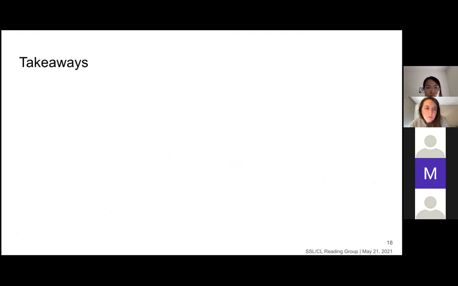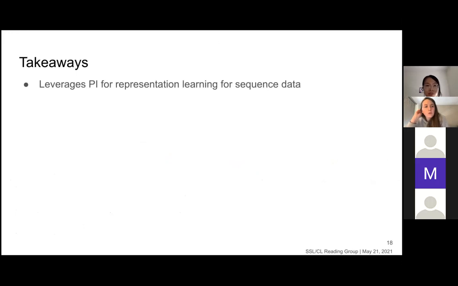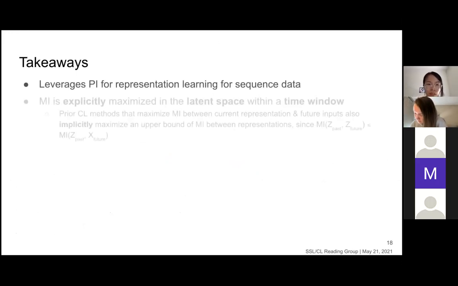Okay, I guess the takeaway here is that it leverages the PI, which is an existing predictive information, for representation learning. So I feel that it's a pretty new thing here.